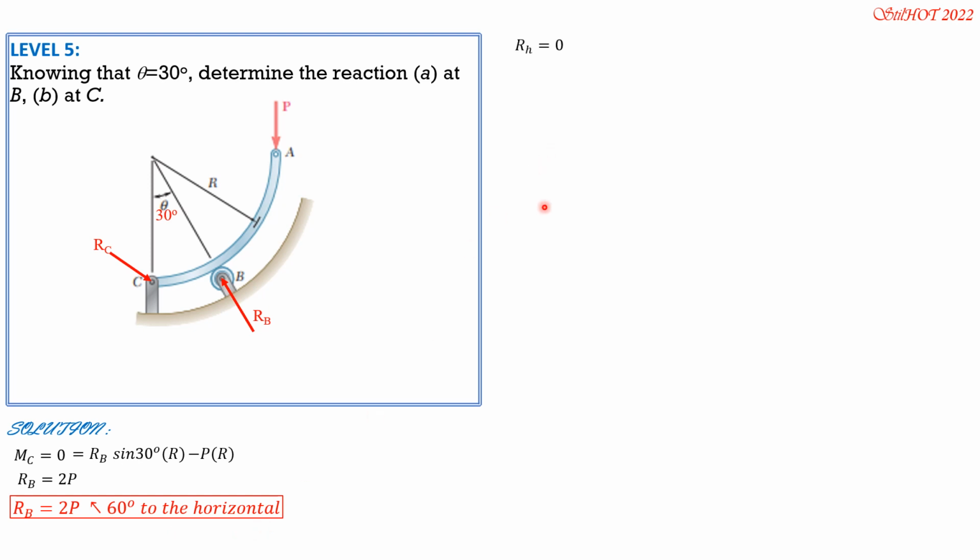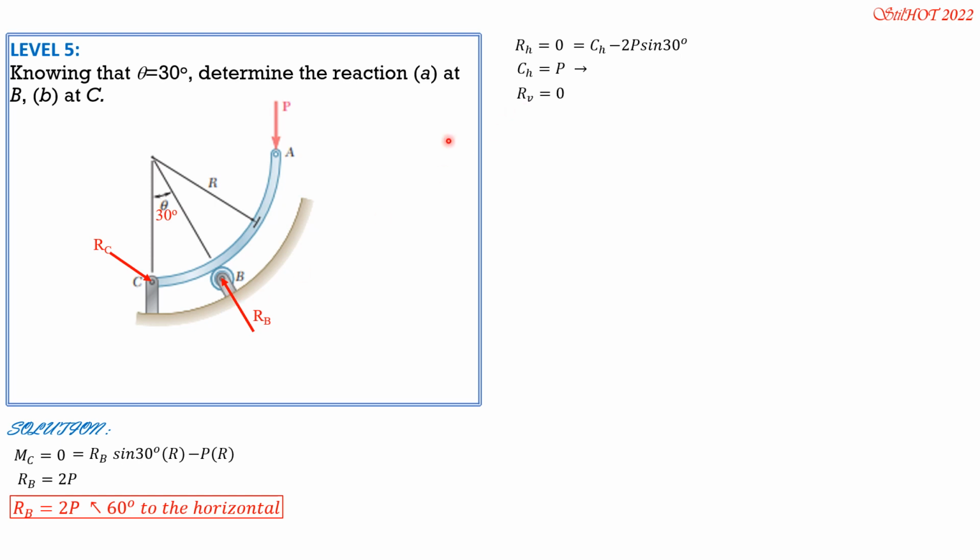So the sum of horizontal forces is 0. So the horizontal component of RC is CH, then minus 2P sine 30, the horizontal component of RB. So CH is equal to P, rightward. Then the sum of vertical forces equals 0.